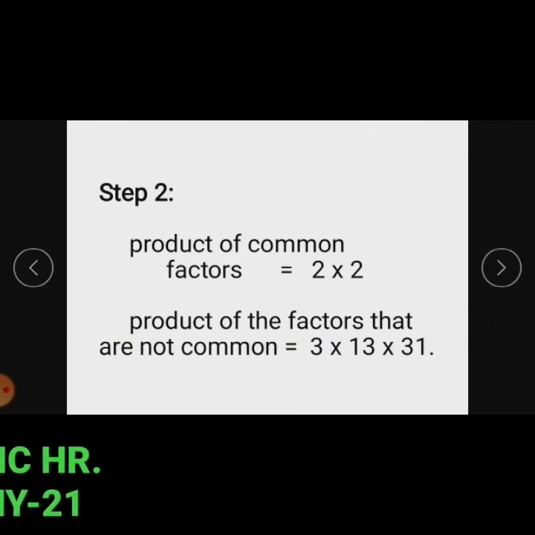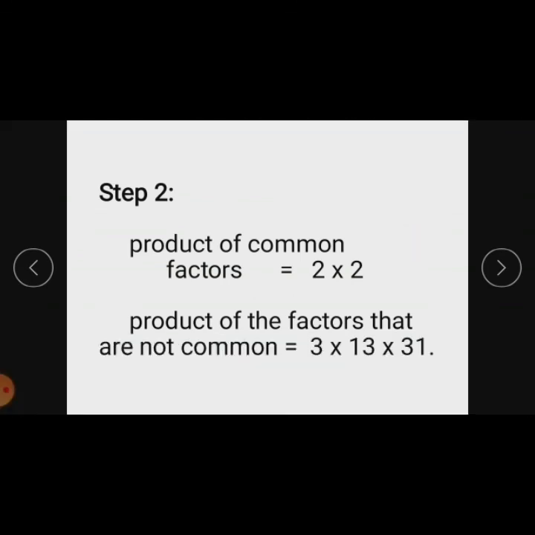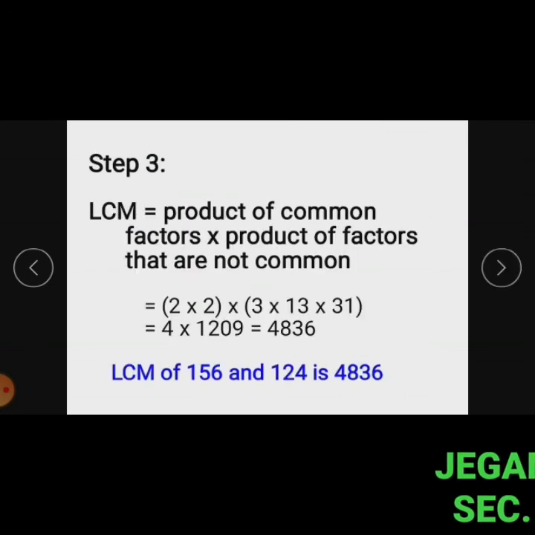Step 2. Product of common factors. We write the product of common factors equal to 2 into 2, and the product of factors that are not common equal to 3 into 13 into 31.